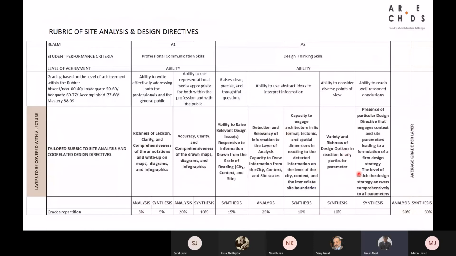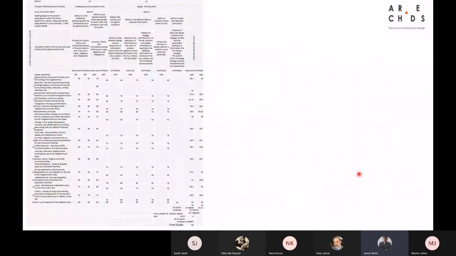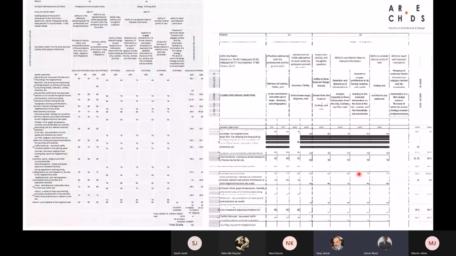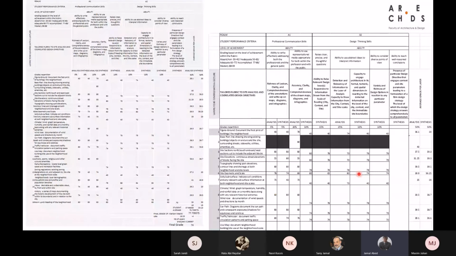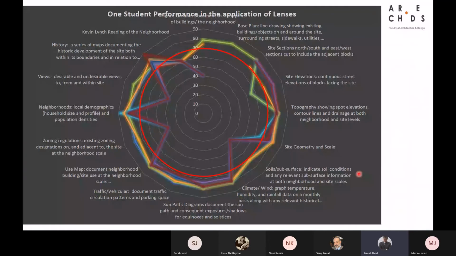And with the averages, these were the grades, and this is a close-up of the grades, and these are the performance of the students across only that particular first phase of the semester of the studio.